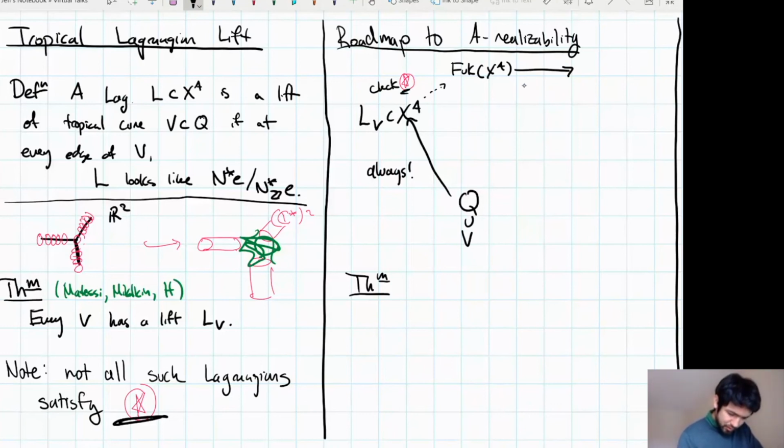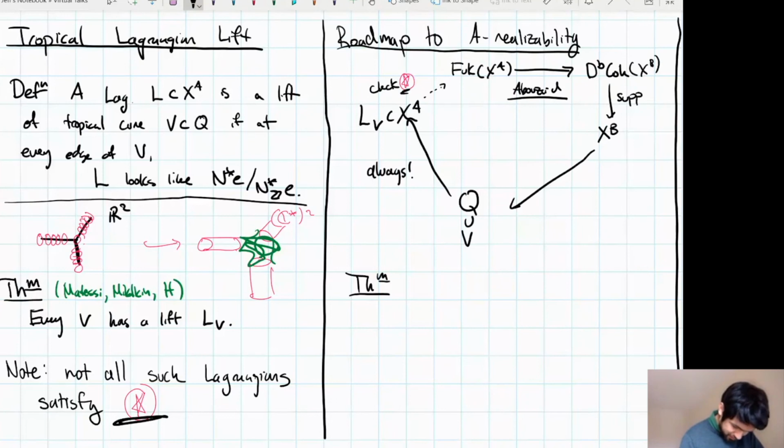Then you apply mirror symmetry due to Abouzaid to build yourself a coherent sheaf on the mirror. Then you take support, and now you get something inside of XB. Then you check that when you tropicalize this, you wind up back where you started.